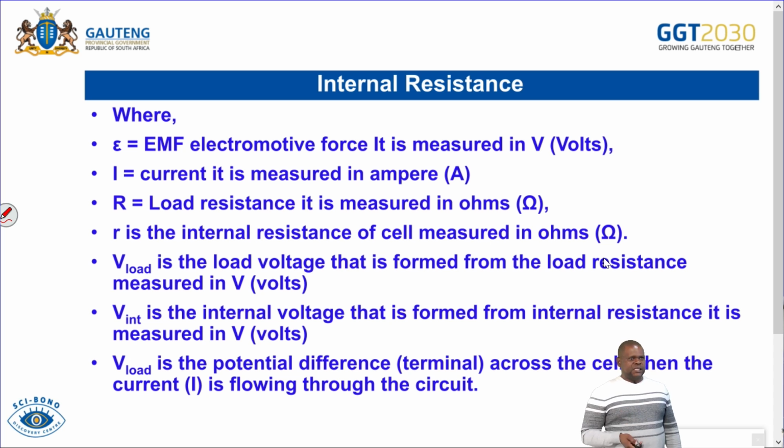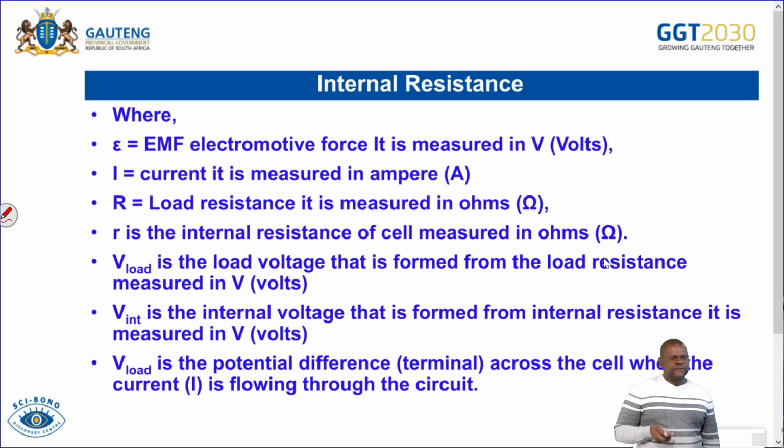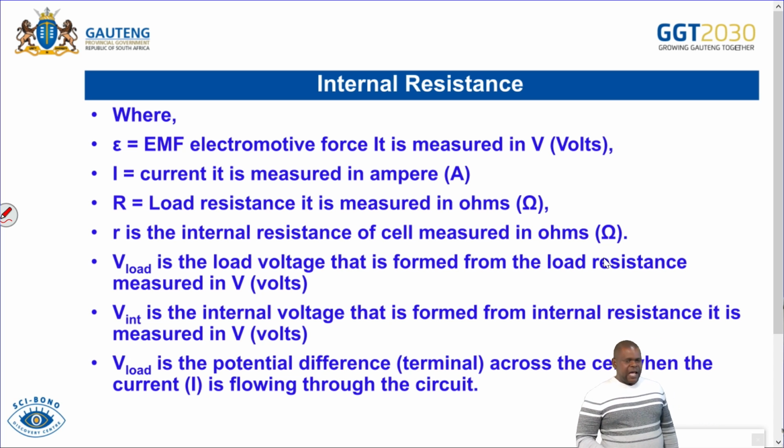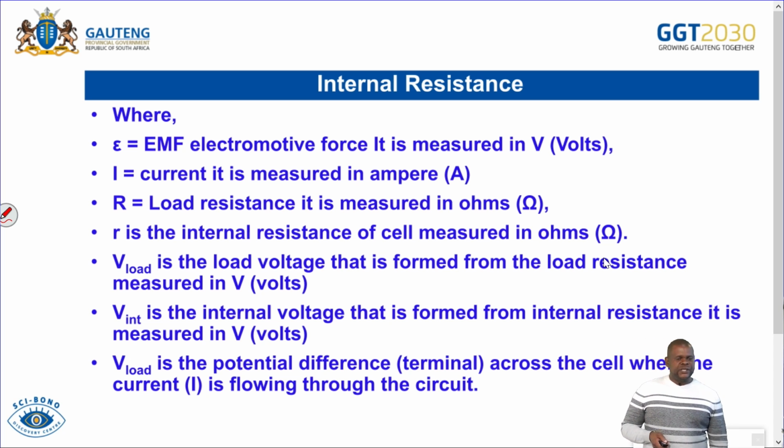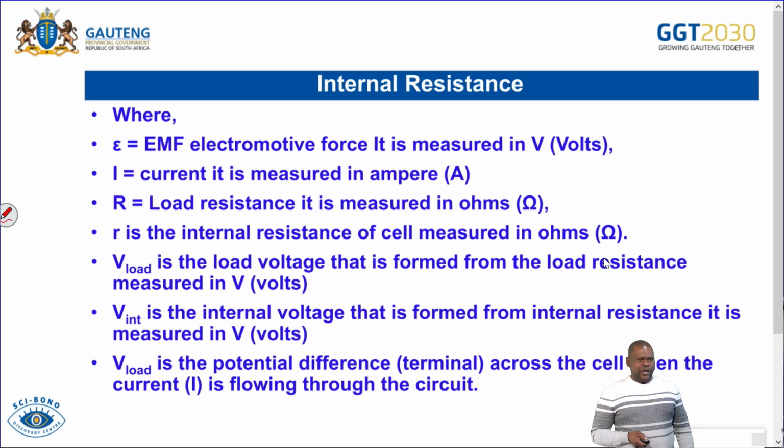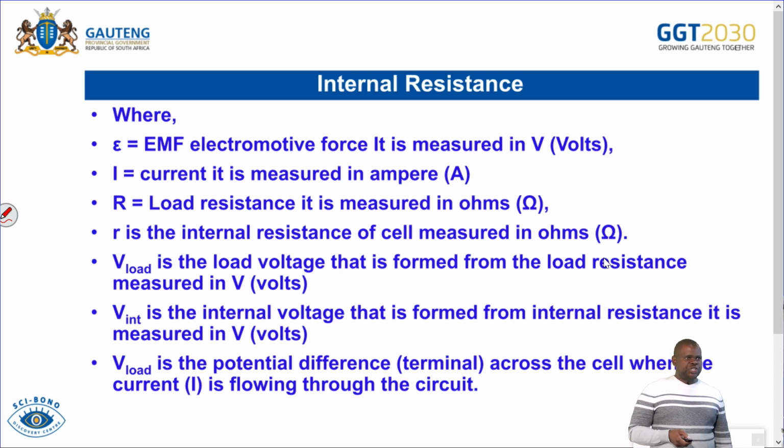It is measured in volts because it is a voltage. It is the voltage of the battery. Then we have I, which is the current, and the current is measured in amperes. And the symbol for ampere is capital letter A.